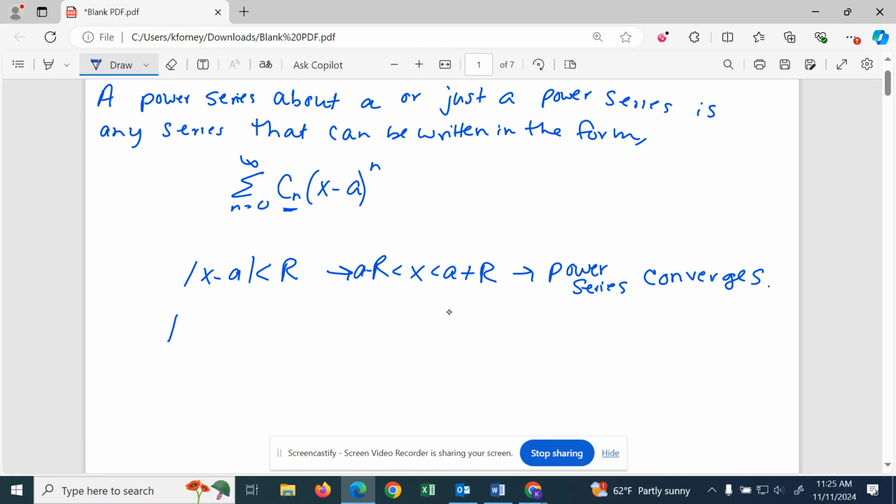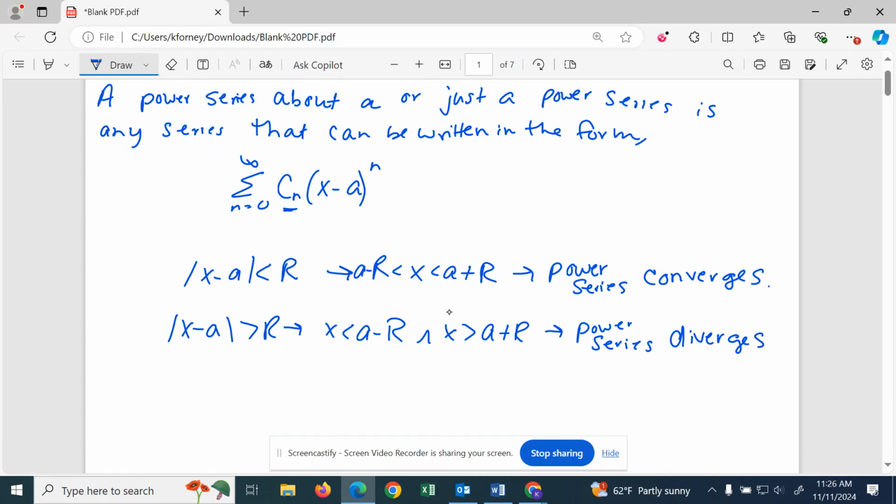Then when the absolute value of x minus a is greater than r, that's telling me that x is less than a minus r or x is greater than a plus r, then the power series diverges. And so that's called the interval of convergence.